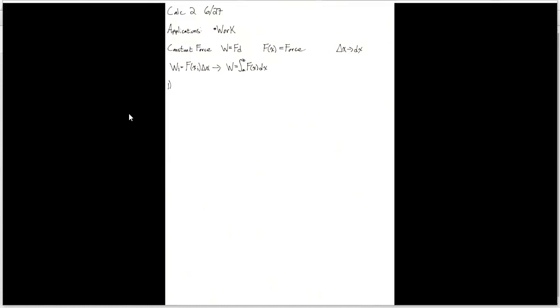So I'm going to go ahead and draw a spring. We're going to put a box on the end of it. And we're going to say that this spring has a natural length of 20 centimeters.